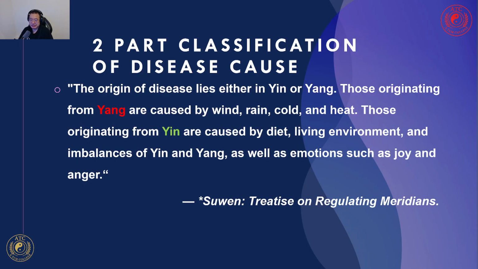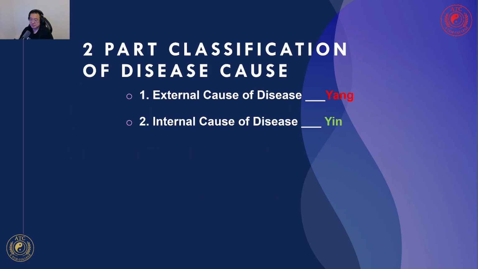It shows a simple way to classify the course of disease into two parts, yin and yang. That's very traditional, like the classification of everything into yin and yang. So this two-part classification of disease course is simple and easy, but with huge content and a very splendid way of analysis to give the final result. The external course of disease is classified as yang, the yang course.